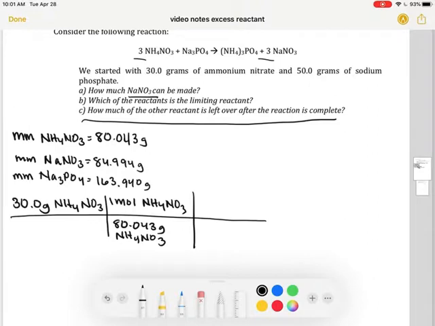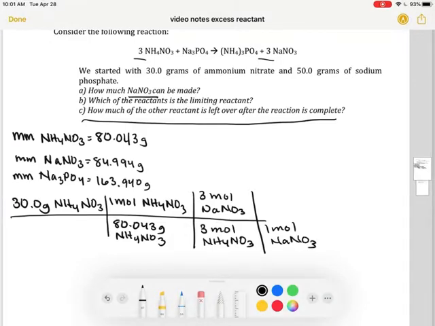I'm just going to leave it the way it is, but I'm not going to even type it into my calculator. Okay, so for every 3 moles of NH4NO3, I get 3 moles of NaNO3. And for every 1 mole of NaNO3, I get 84.994 grams of NaNO3.